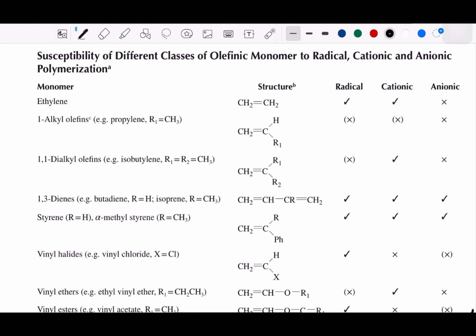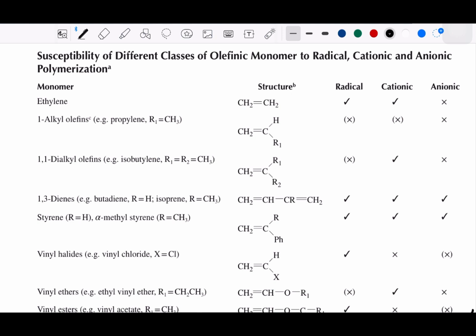You can consider this ethylene as a radical in free radical polymerization, or we can also consider it cationic if we want to use its ion active center. Then we have propylene, an alkyl olefin, and it's considered not really good.